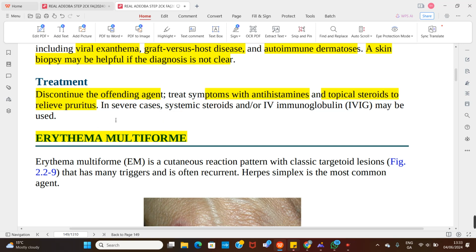But if it's severe and your topical steroid is not working, your antihistamine is not working, give your systemic steroids, or you give your IV immunoglobulin to dampen the immune response. That is it. So just think about drug eruption as you discontinue the trigger, you give symptomatic treatment, antihistamine and topical steroid. And if your topical steroids are not working, escalate to the use of systemic steroids and IV immunoglobulin.